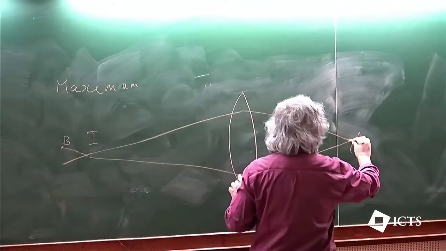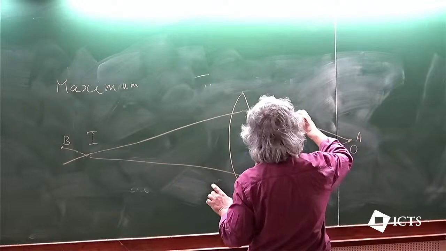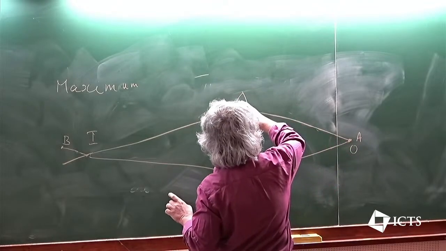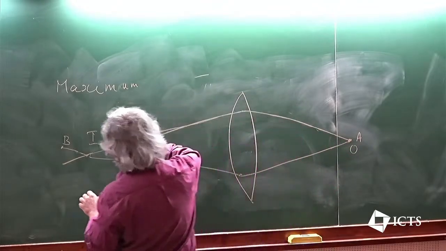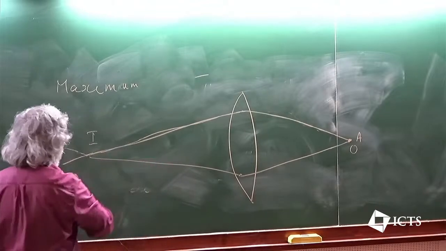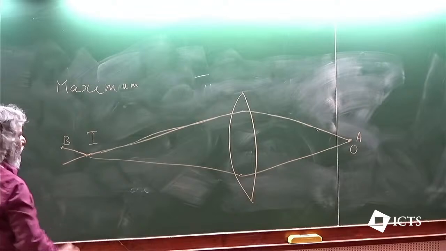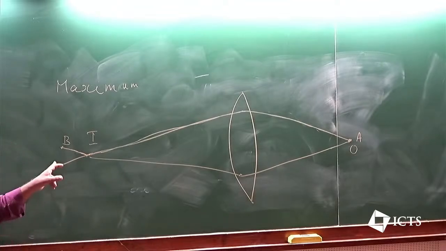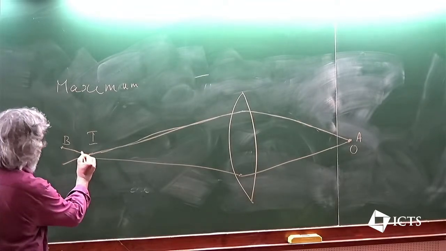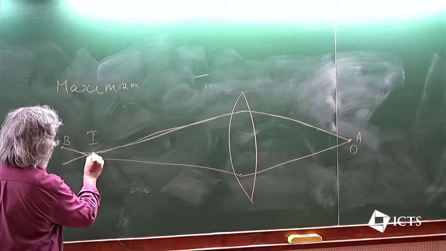But now what I do is I go along this path like this, do all the right reflections, and when I come here, at the focal point, I go like that. Now this is clearly not a path of least time because I can reduce the time by taking a shortcut here.